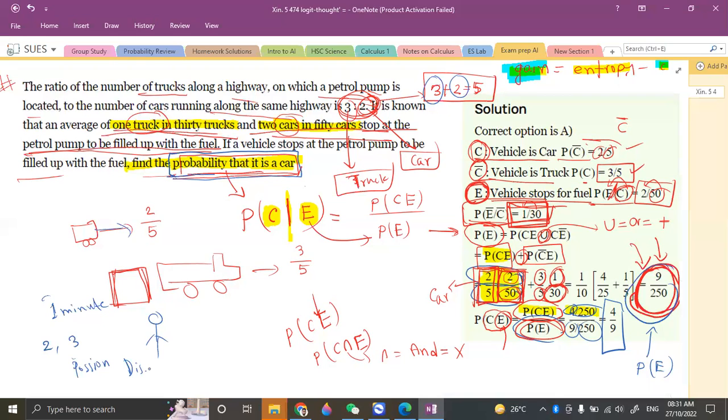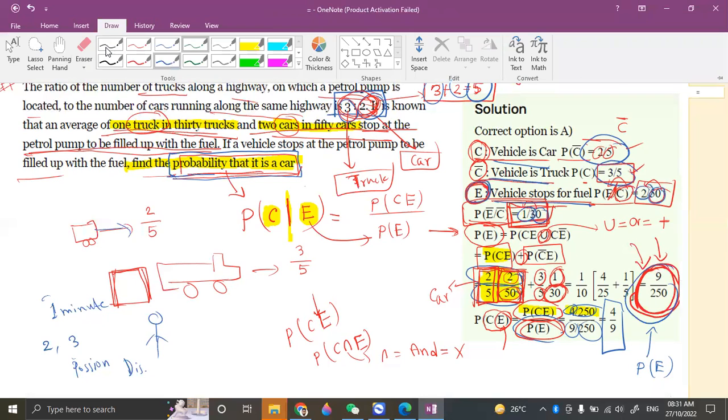Here it is given 3:2, that means we have 3 trucks and 2 cars. We first add them together, and then find the probability that the vehicle is a car, which is 2 out of 5, and the probability that the vehicle is a truck, which is 3 out of 5. Then we let another variable E be that the vehicle stops for fuel, which for a car is 2 out of 50, and for a truck is 1 out of 30.